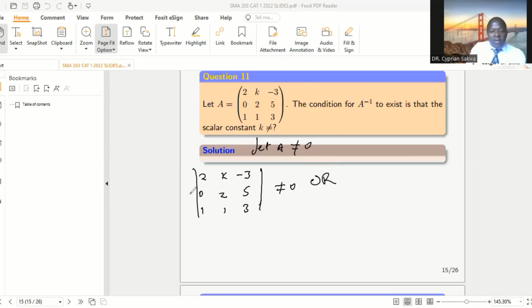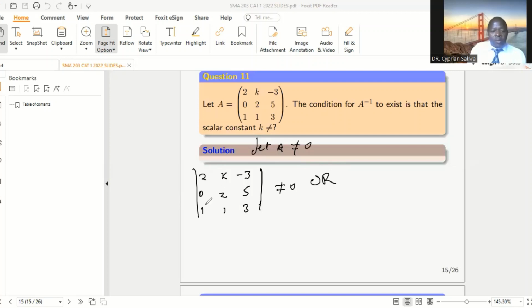Now, I can find the determinant by making my work easier. I have a 0 here, so I may want to get another 0 along this column or along this row so that my work is easier. I choose to make a 0 along this column. I want to get a 0 in this position.